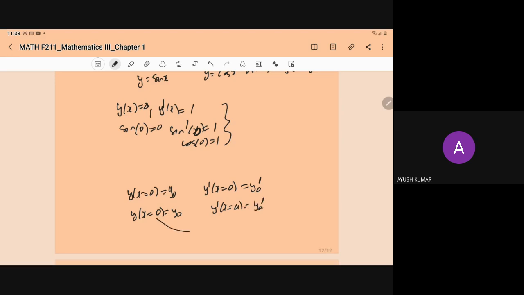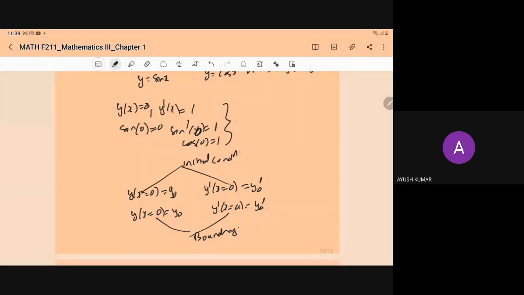This is the boundary condition because we have two values of x. When we take the same x, we have the initial condition; when we take different x, we have the boundary condition. And for computing the arbitrary constants, we can have both types of problem.